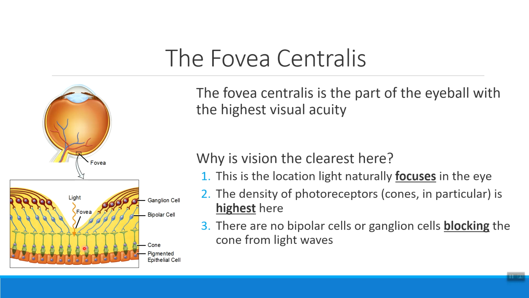So keep in mind there are several reasons that we see really well at the fovea centralis. But remember, the fovea centralis, with all of its cones, only works in bright light. Cones only work when there's a lot of light. So the very center of your field of vision, it's great for focusing. We've got nothing to obstruct the light waves, but you better have a lot of light. Otherwise, it's not going to work.